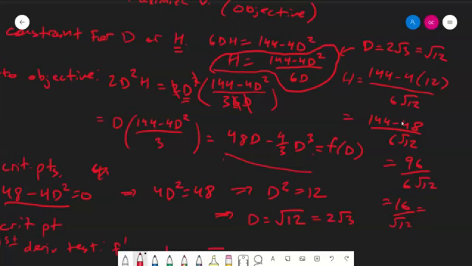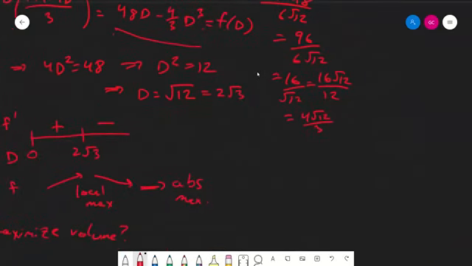If you rationalize that, you get 16 root 12 over 12, so that's 4 root 12 over 3. And remember that the square root of 12 was 2 times root 3, so that's actually 8 root 3 over 3. That's what the height is.